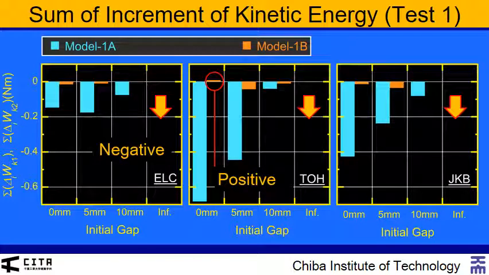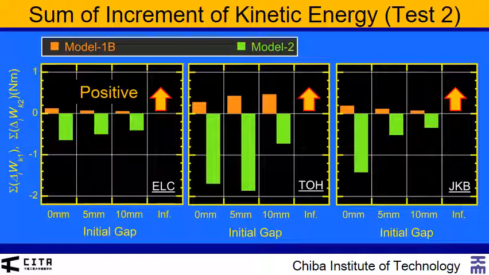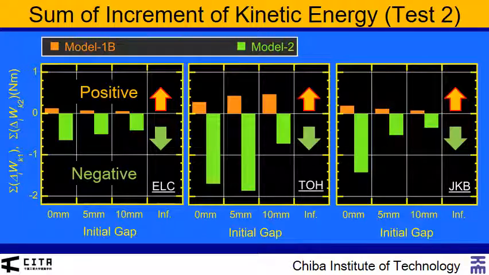And that of model 1B is also negative, except one case. Here is the result in test 2. In test 2, the sum of increment of kinetic energy of model 1B is positive, while that of model 2 is negative in all cases. These trends are more significant in the case of a smaller initial gap.